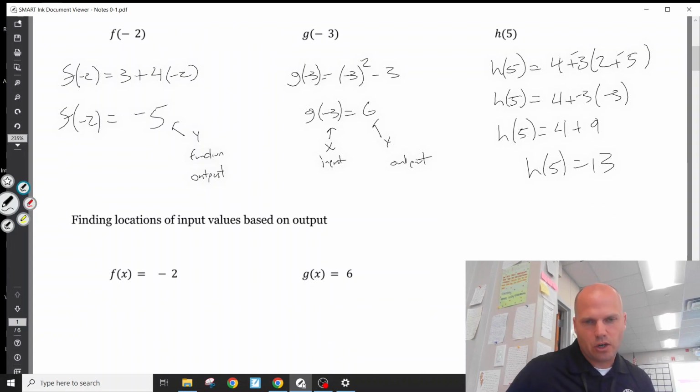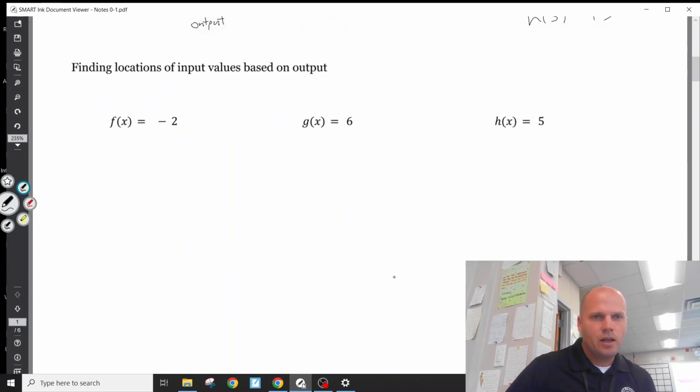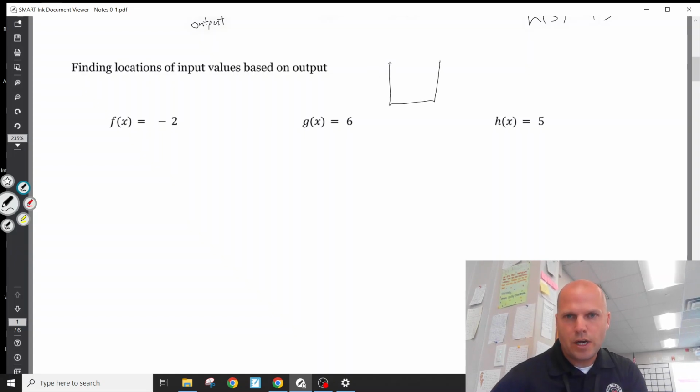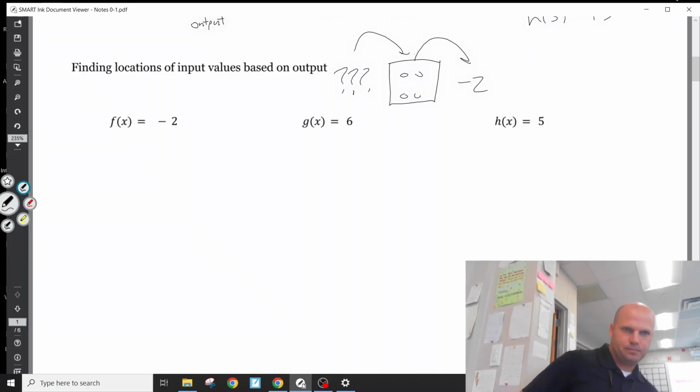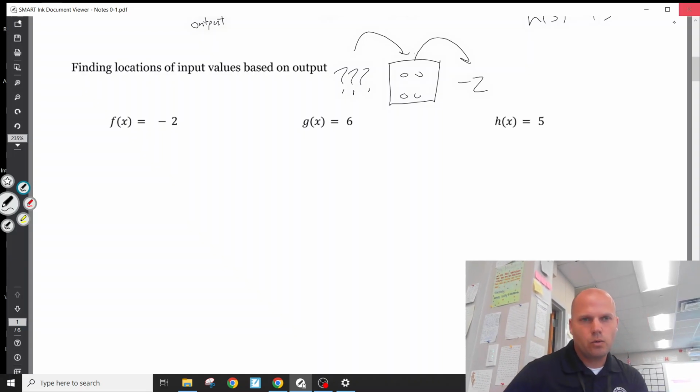Now, we could also kind of go the other way and say, hey, you got a machine, here's your machine, and your machine outputted something like -2. Well, what got put into the machine to get that output -2? Okay, this is where we will find our x value.